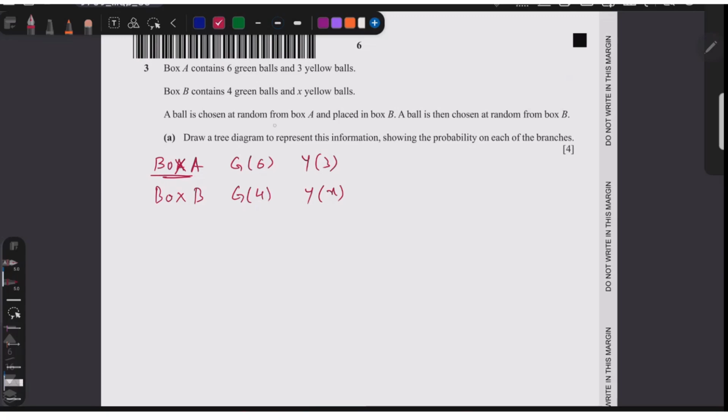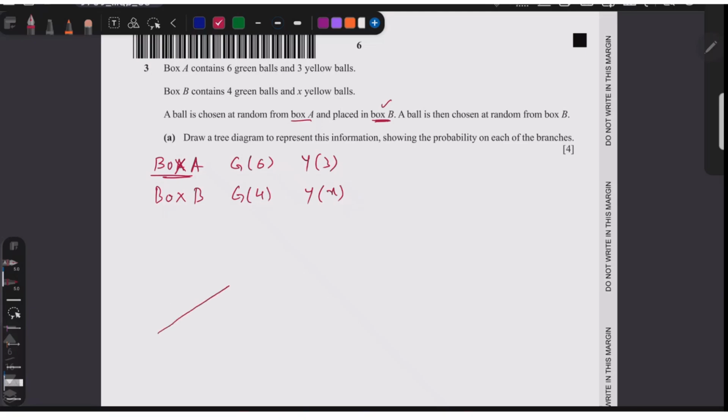A ball is chosen at random from box A and placed in box B. So you pick one ball from box A and put it into box B. What will happen in B? The total increases, and one color also increases by one ball.